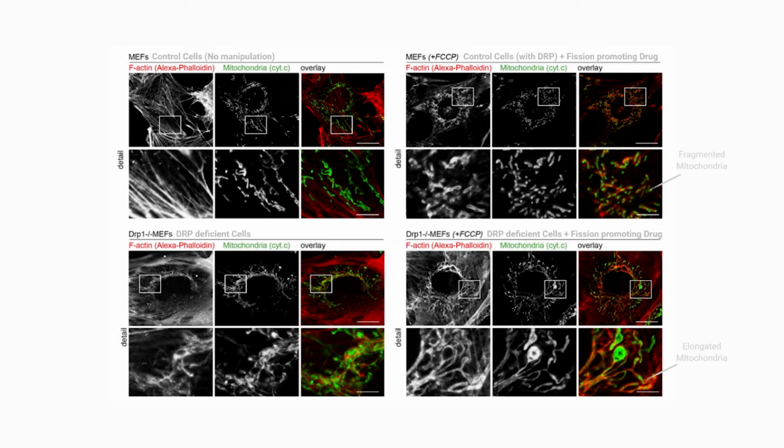One, that cells that are not stimulated to undergo mitochondrial fission by a fission drug do not have the interaction of F-actin to mitochondria. Second, knocking out, eliminating DRP1 from the cells still allows actin to associate with mitochondria, but they do not undergo fission. Hence why they look elongated compared to cells under the same conditions, except for their expression of DRP1.